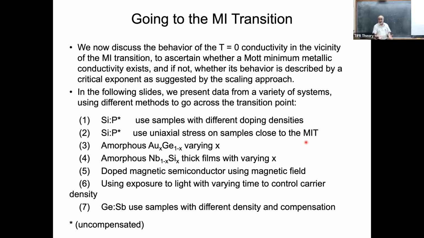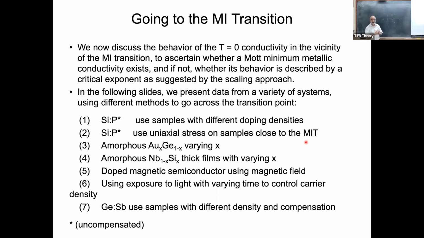And that will bring you closer to or further away from the metal insulator transition density. So that's another way. You stay at a dopant concentration that's close to the metal insulator transition and put on uniaxial stress, not hydrostatic stress. You do that and you may go through the transition.